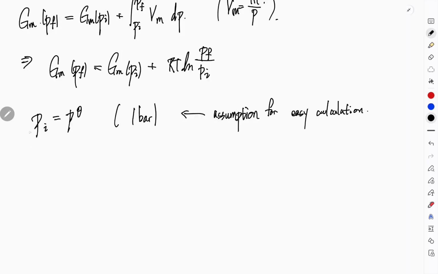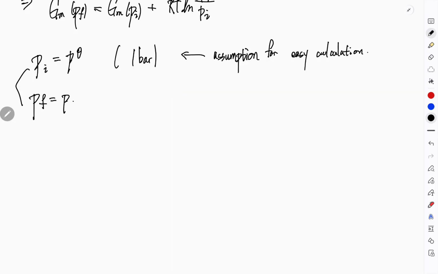Where this G_m at the pressure p is G_m standard, which is G_m at 1 bar, plus RT ln p over p naught. But this p naught is 1 bar, so we can just write this equation with p.